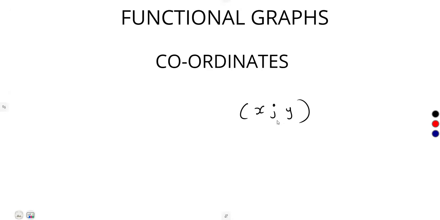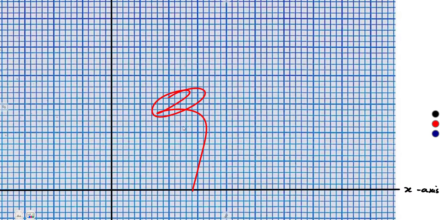In each and every part that you consider in the drawing or plotting of these graphs, always x followed by what? Y. So that's a point that you're given here, which can be represented graphically on our graph as a point. Let's say we have a point here, a point here, a point here.